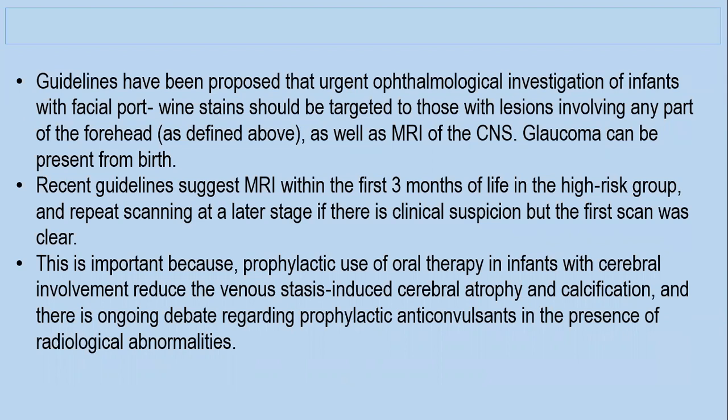This is important because prophylactic use of oral therapy in infants with cerebral involvement reduces the venous stasis-induced cerebral atrophy and calcification. And there is ongoing debate regarding prophylactic anticonvulsants in the presence of radiological abnormalities.